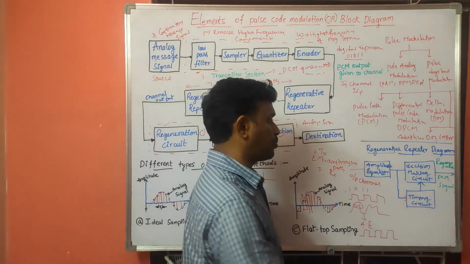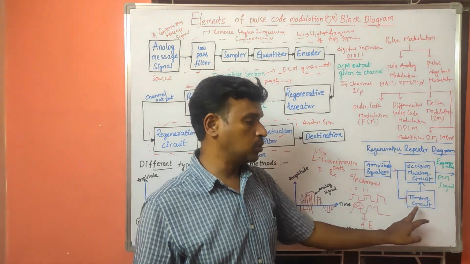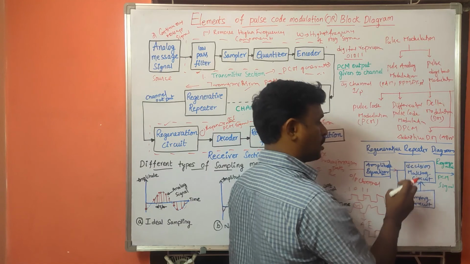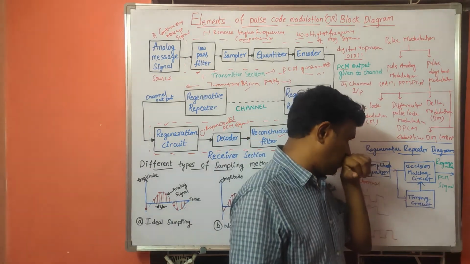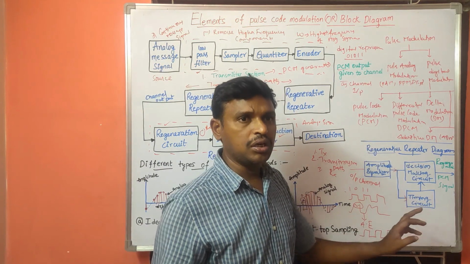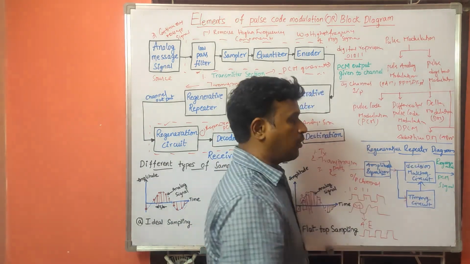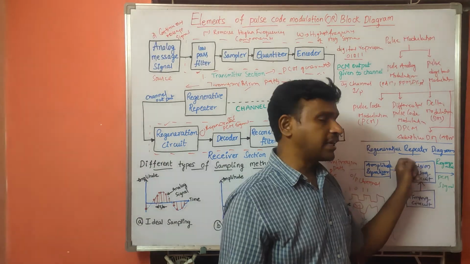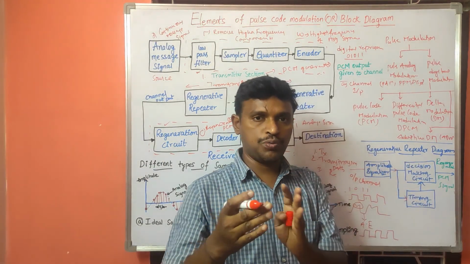Next, the output of the amplitude equalizer is given to the decision making circuit and timing circuit. Whenever the timing circuit gives a pulse, the decision making circuit decides which samples to consider, from which point to which point.